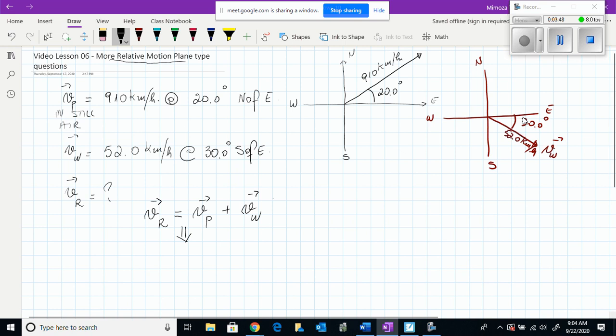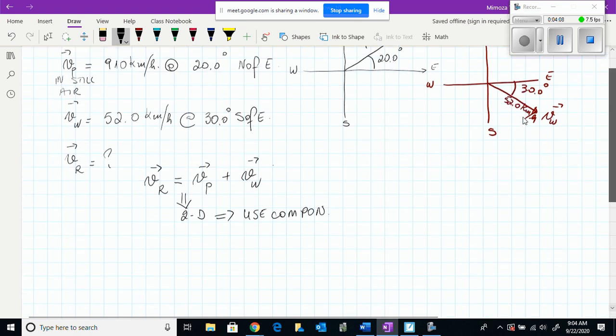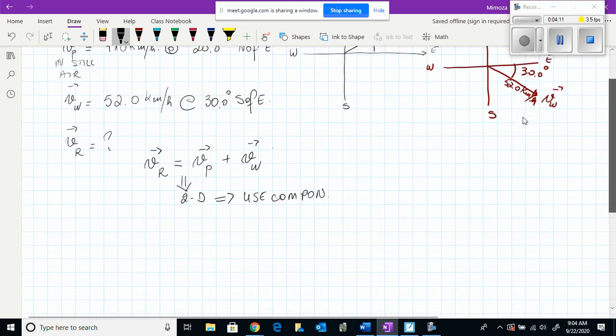Since we see even from this configuration that this is a 2D situation, when we are operating with vectors, the very first thing we think of is let's use components. Using components means that we will find the horizontal and vertical components of those two vectors and add them together.